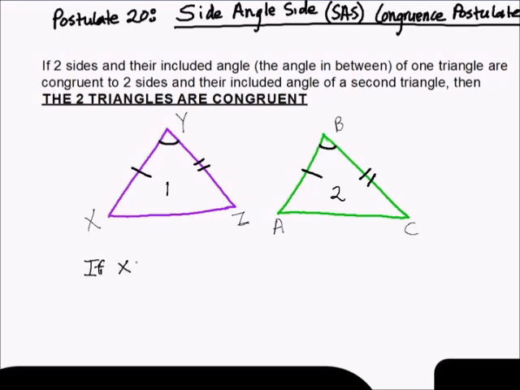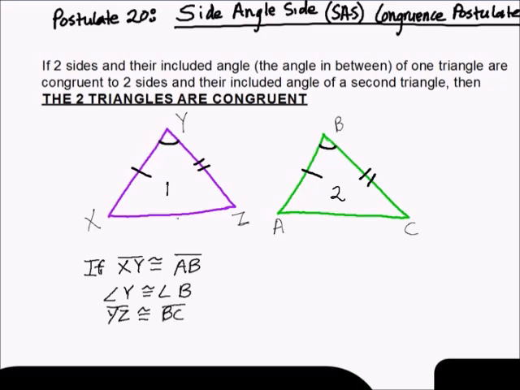side XY is congruent to side AB, okay? So here's one side. Angle Y is congruent to angle B. And side YZ is congruent to side BC.